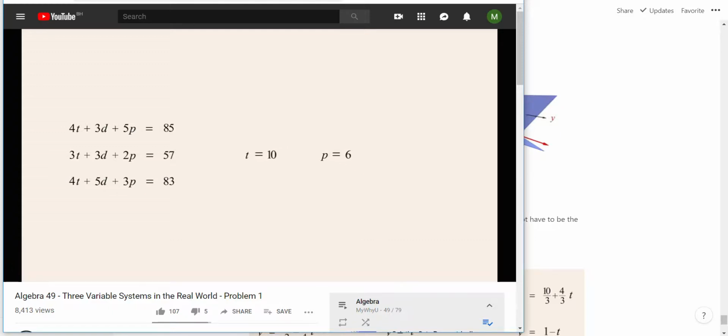We can now substitute these values for t and p into any of the original equations and solve for the remaining variable d.